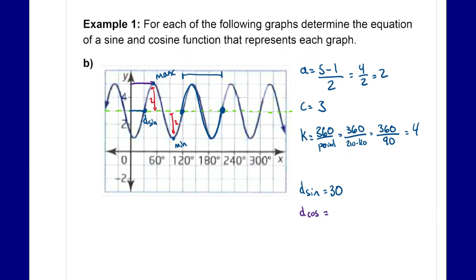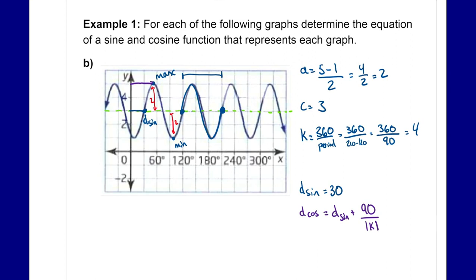And in this case, to find the d value, it is going to be the d value of sine plus 90 divided by the absolute value of k. That's just because, again, if you look at the parent function of a sine wave and a cosine wave, you should see that a cosine wave is just a sine wave shifted to the right.